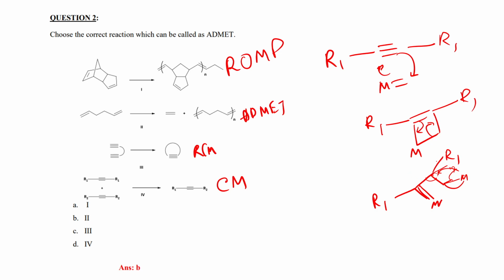In that way, these two segments would be disconnected, and this part would react with the alkene, and that is how cross metathesis happens. So this mechanism is for cross metathesis. If they want to know that, that's why option B should be your option.